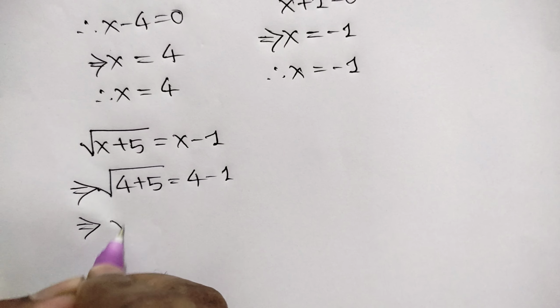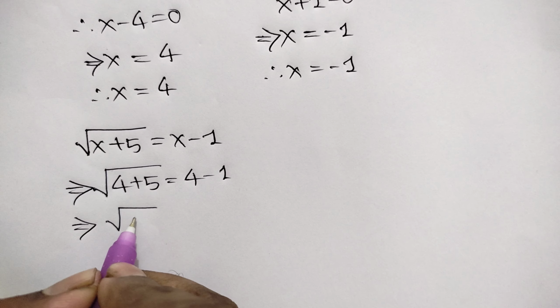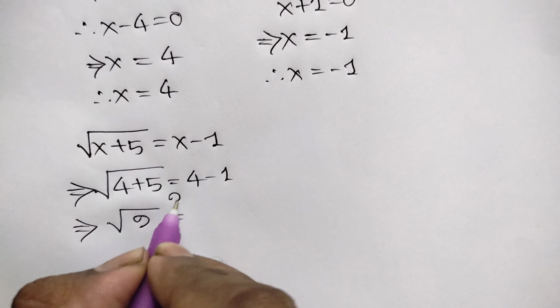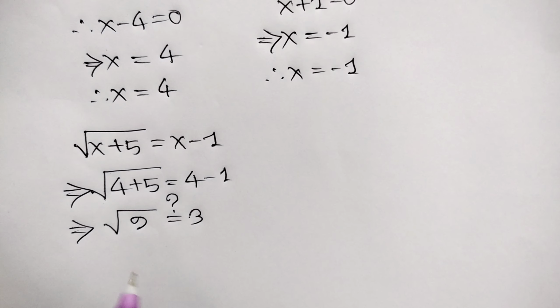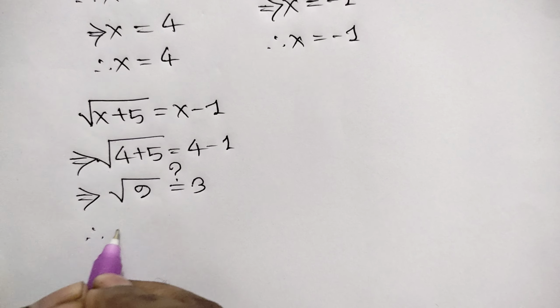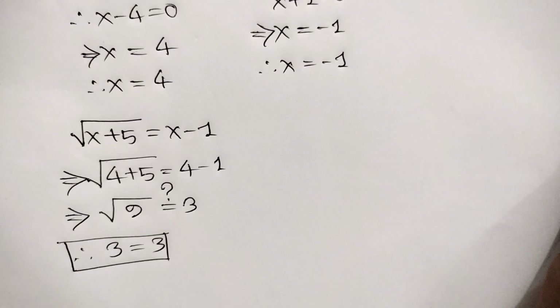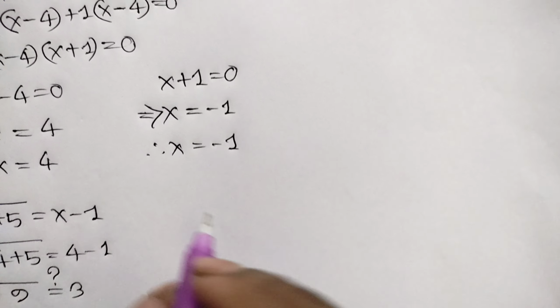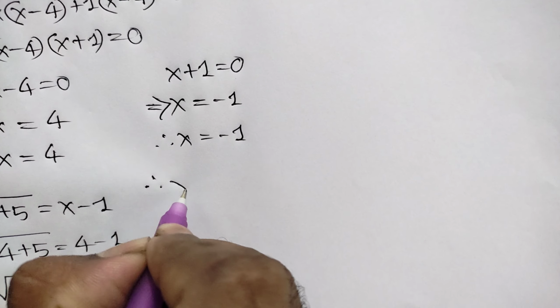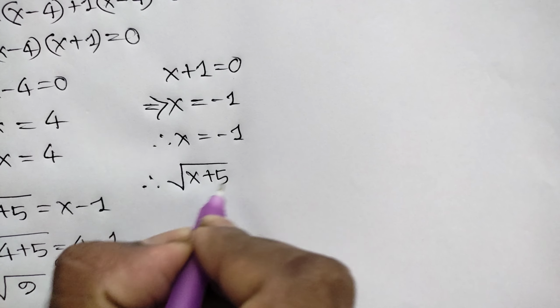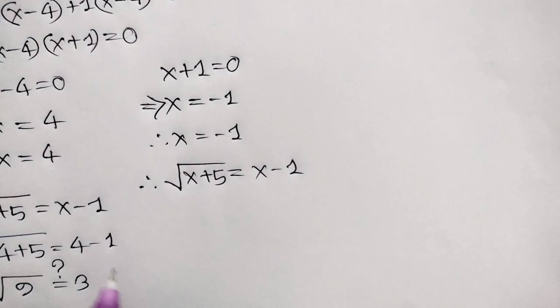Square root of 4 plus 5 is 9, is it equal to 4 minus 1, which is 3? So square root of 9 is equal to 3, so we get 3 is equal to 3. This is valid.